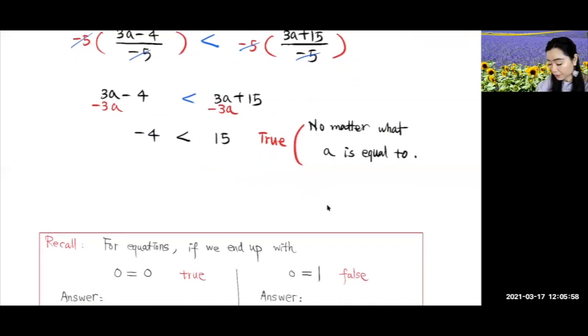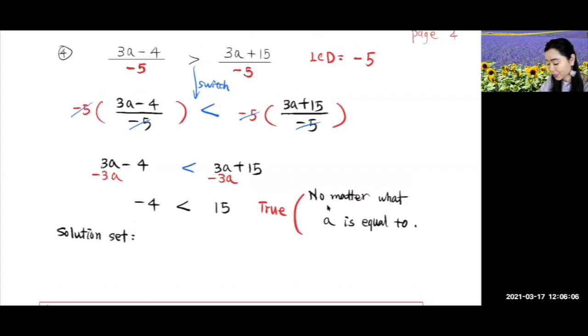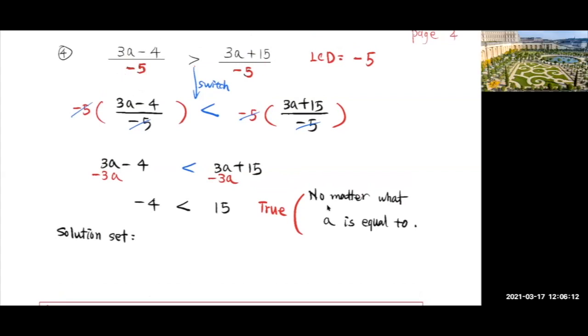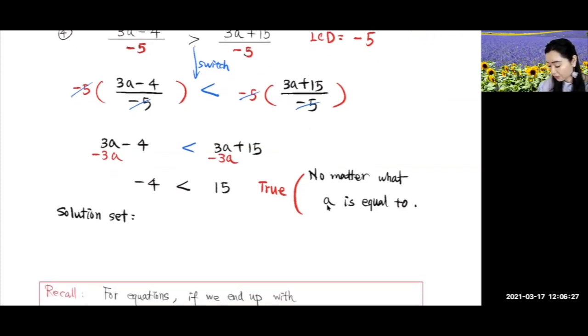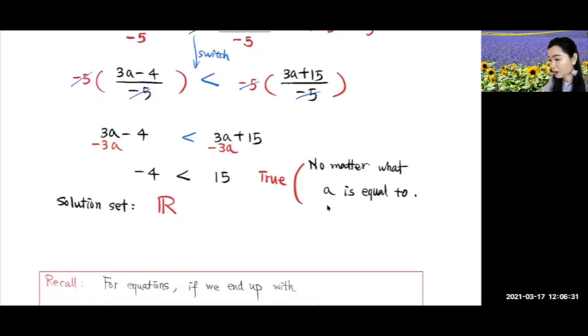So what will be the solution set? What kind of number can I put into a here to make this one true? Any number? Yes, we just said that this is true all the time, no matter what a is equal to. So a could be any number. So all the numbers on the number line will be included. Okay, so it will be all real numbers. So the solution set is all real numbers, the capital R with the double bar.